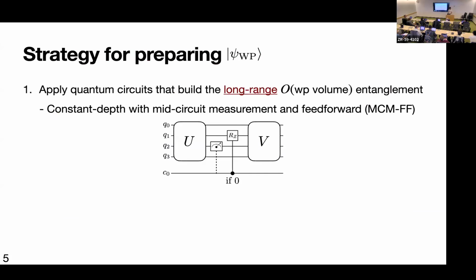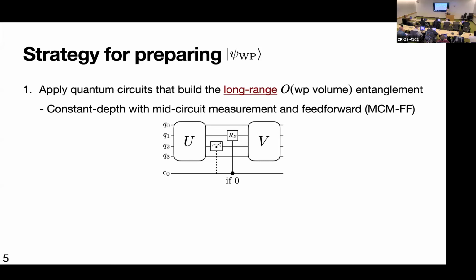Okay, so the high-level strategy is, first we want to find circuits that prepare this long-range entanglement that's over this wave packet volume. And the key thing here is that if we have access to circuits that have mid-circuit measurement and feed forward, we can actually prepare this long-range entanglement in constant depth.